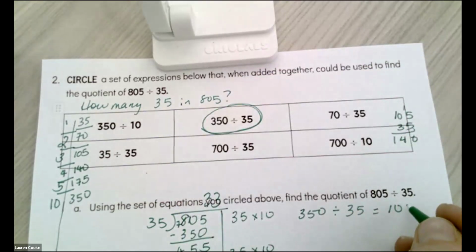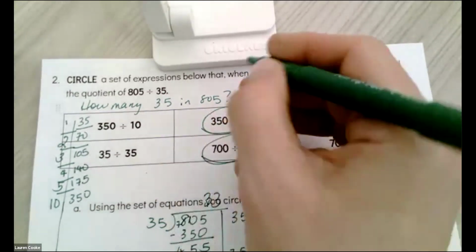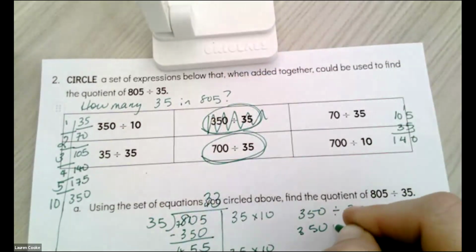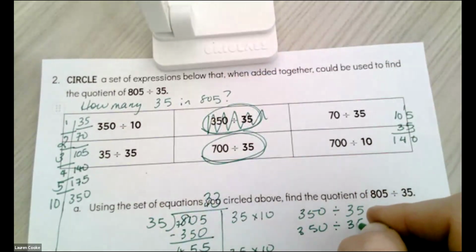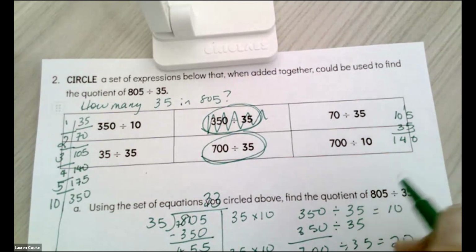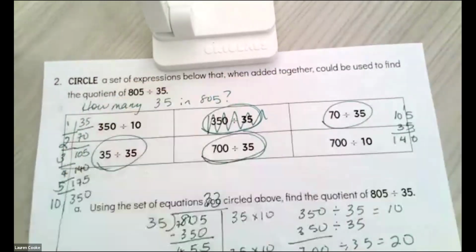Actually, what if I did 700? Let's do 700, because that's 350 times 2. That's 700 divided by 35, and that equals 20. And then I have 105 left, which I do not have here, but I know that 105 divided by 35 works too.